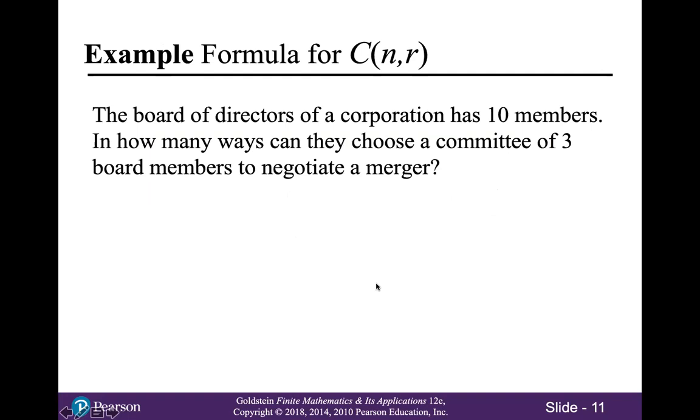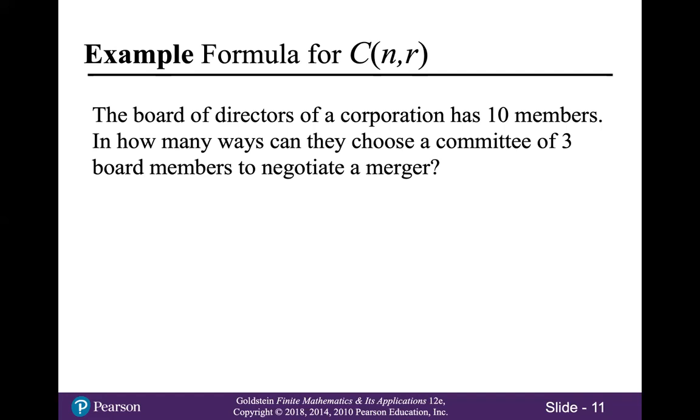So the board of directors of a corporation has 10 members. In how many ways can they choose a committee of 3 board members to negotiate a merger? I want to point out that this is different from choosing a chairperson, a vice chairperson, and a secretary, because in that case, the order in which the people are chosen matters.